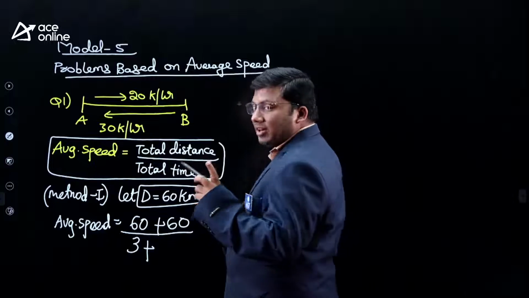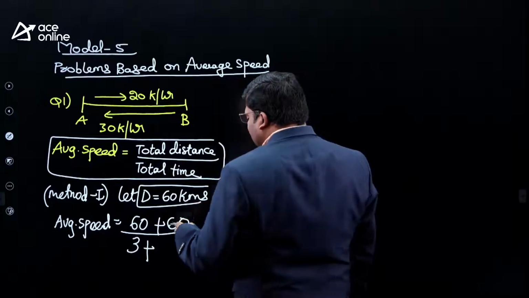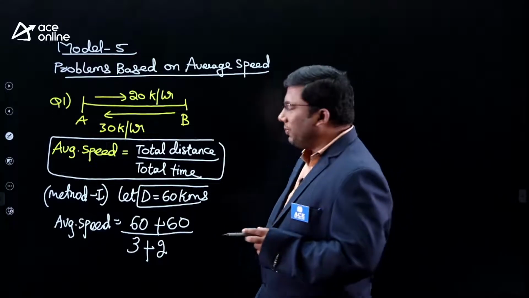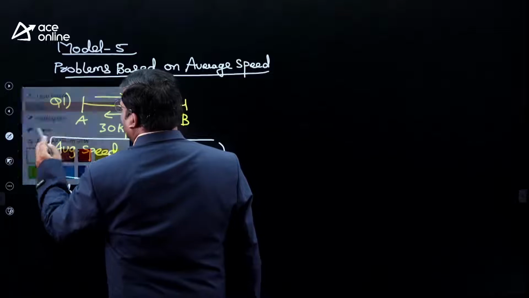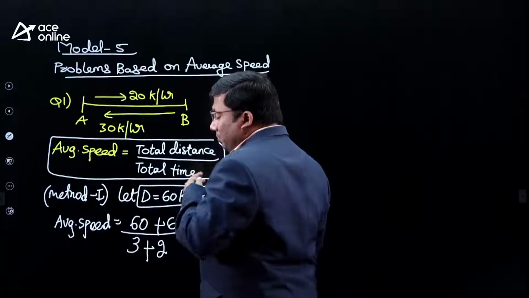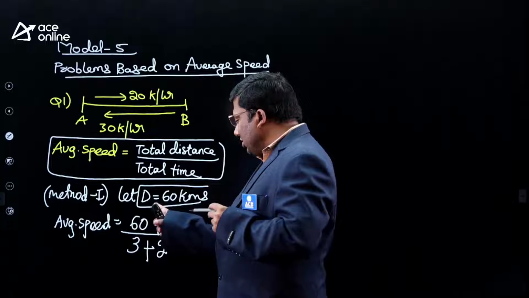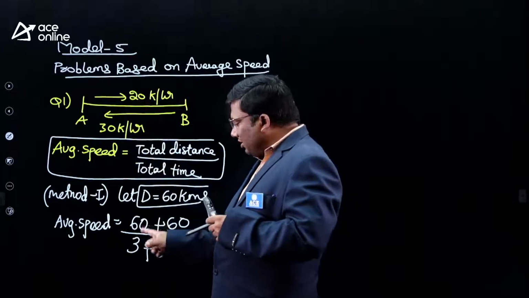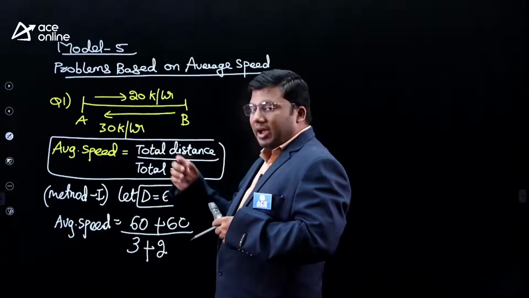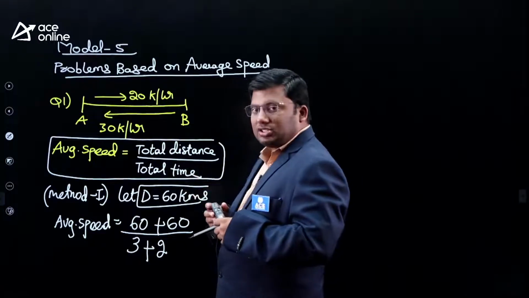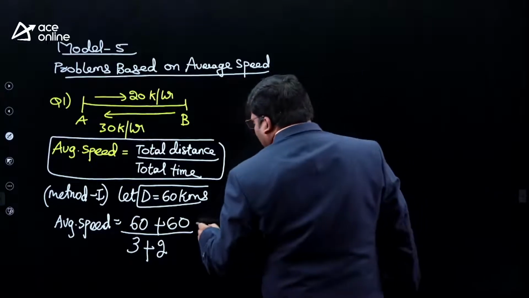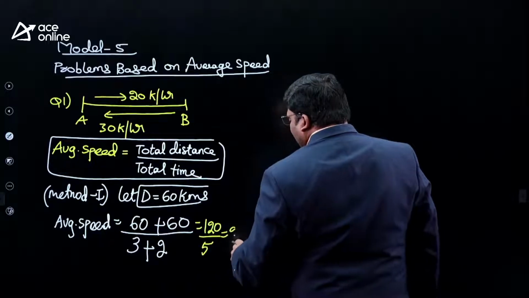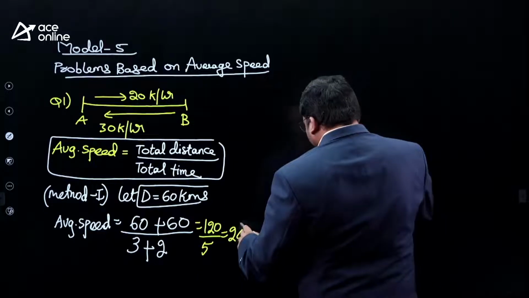At 30 kilometers per hour, 1 hour for 30, so to travel 60 it takes 2 hours. So it is 120 by 5. 120 by 5 is 24 kilometers per hour.